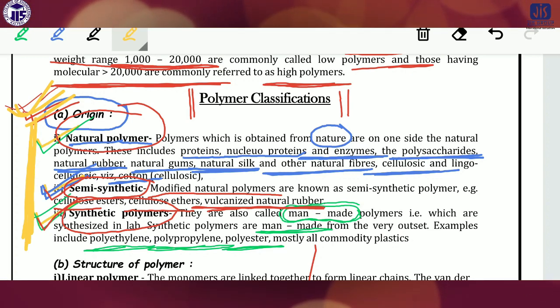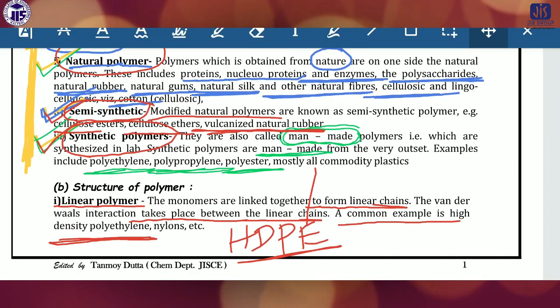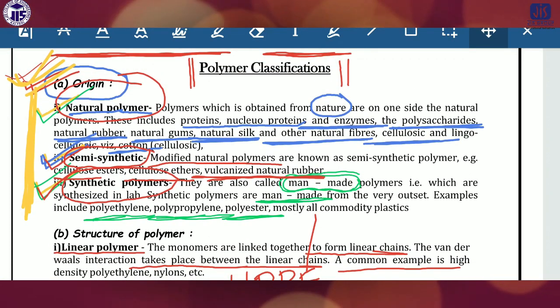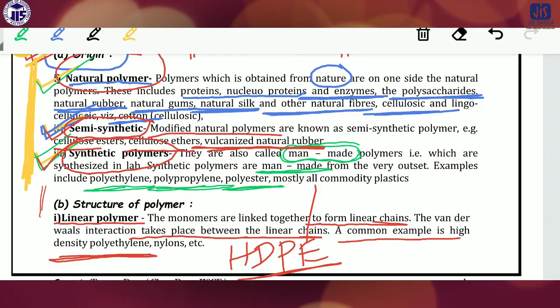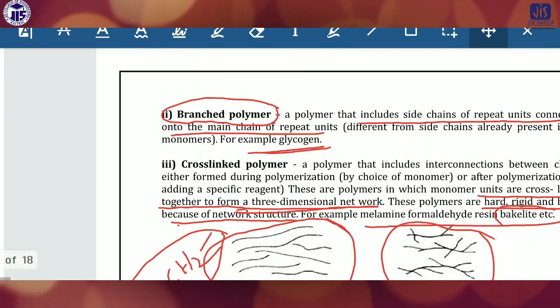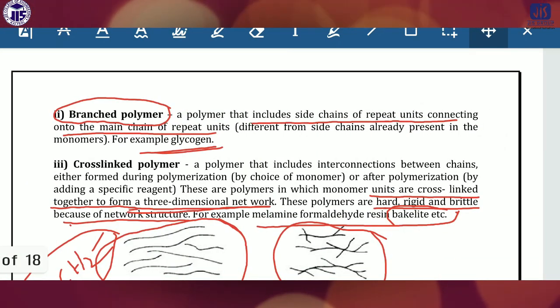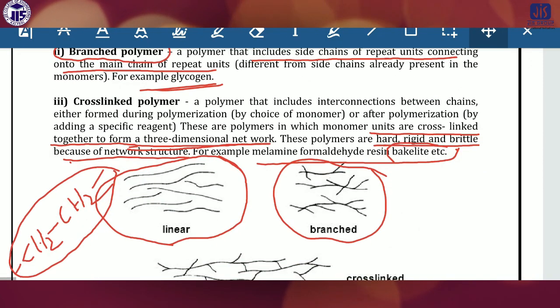Okay, then the second thing will be the structure of the polymer. So the first one is the origin, the second one is the structure of the polymer, and under structure there are different kinds, like linear, which we discussed in the previous class. So depending on the structure: linear, branched, and cross-linked polymer. Okay, this is the second thing.